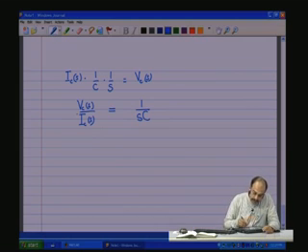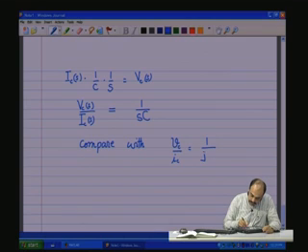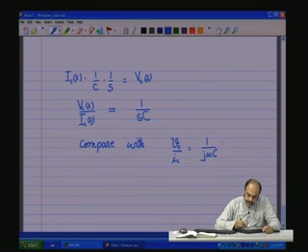Compare this with Vc by Ic as functions of time, which was equal to 1/(j omega C). This is for the sinusoidal steady state condition.